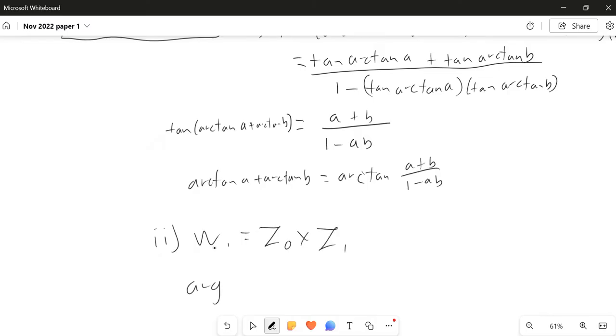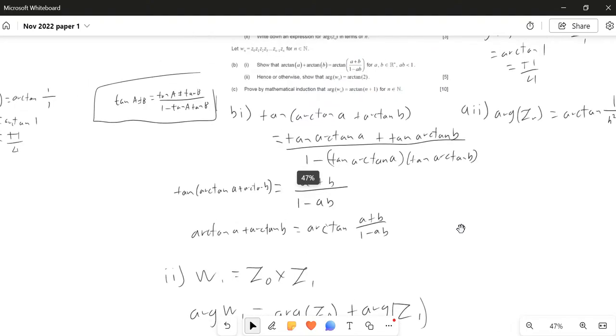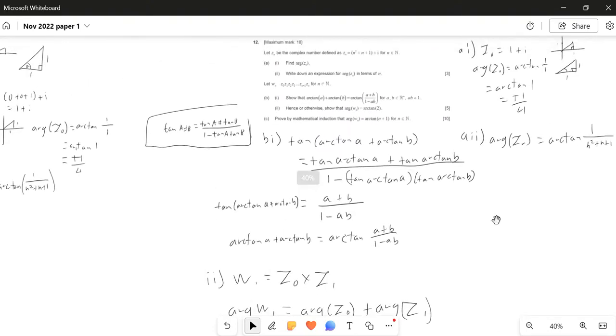So arg w_1 is going to be arg z_0 plus arg z_1, because that's how complex numbers work. You add the angles when you're multiplying them together.